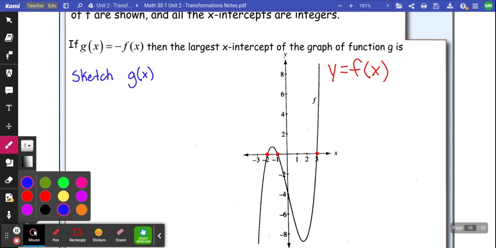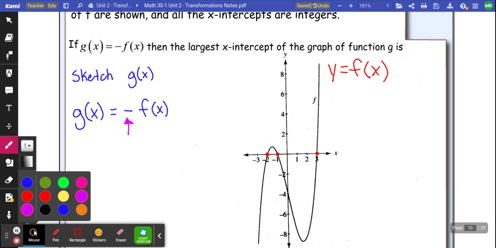So you're gonna sketch g of x. They said that g of x was equal to the negative f of x. This is like your a value, right?